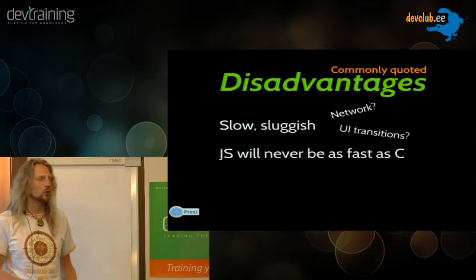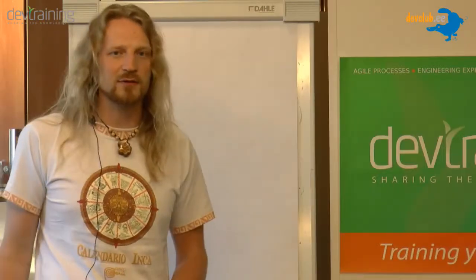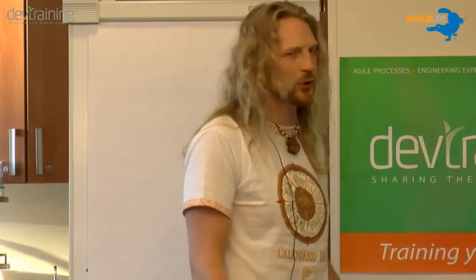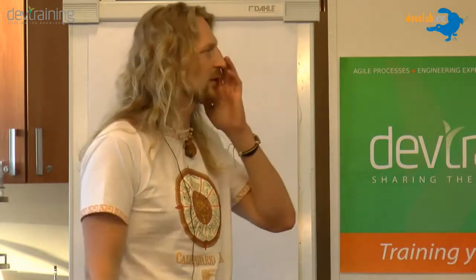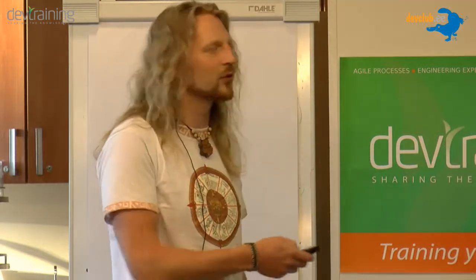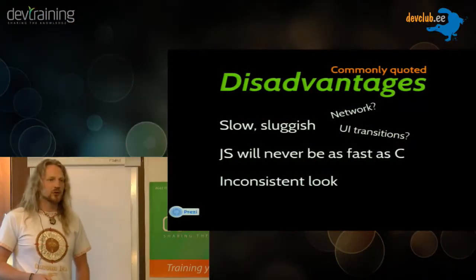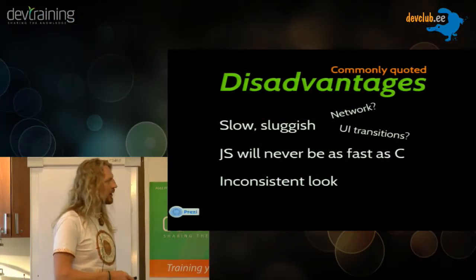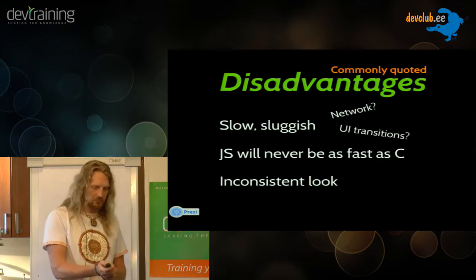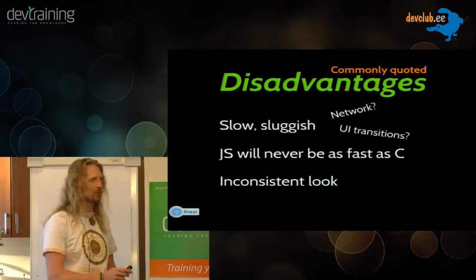But the rest of your code you can write in JavaScript, and no one will notice that it's any slower than C or whatever else. Inconsistent look is also claimed, but that's also a matter of doing it properly.